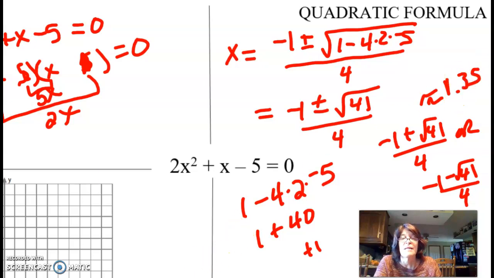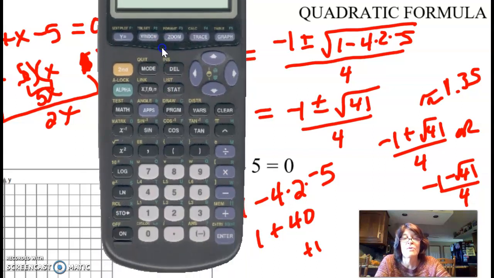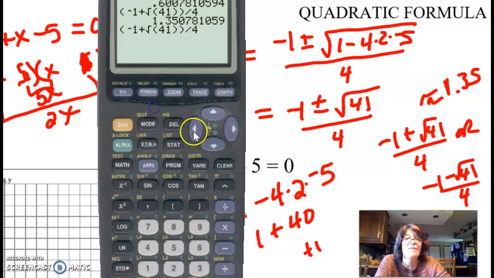And then obviously the other one, here's a little hint. See right here, it says entry. If I do second entry, it brings back what I typed in last, so I can backspace and just hit minus.